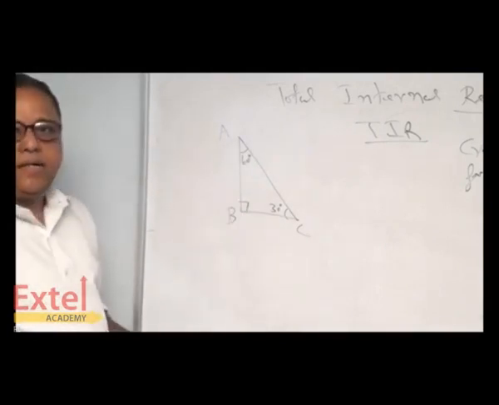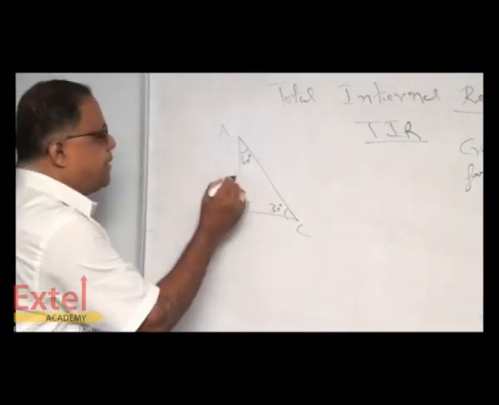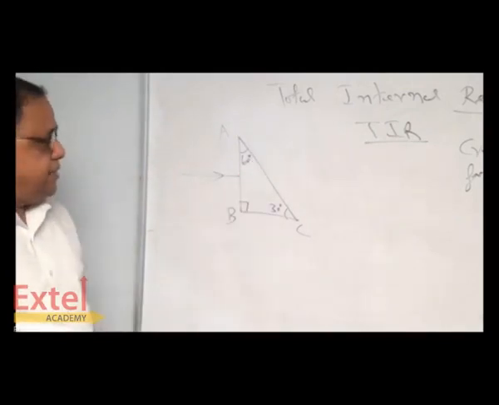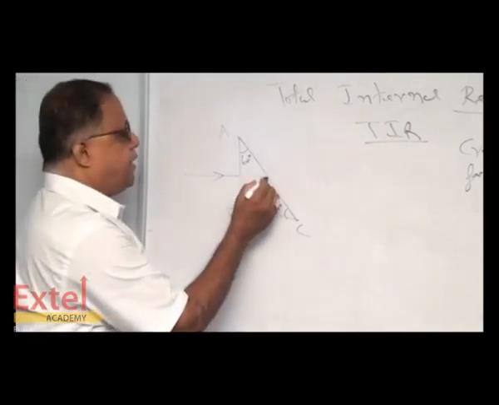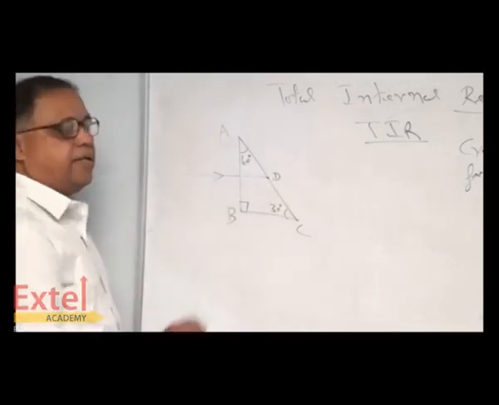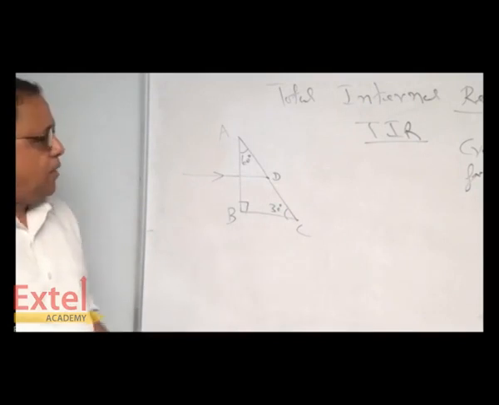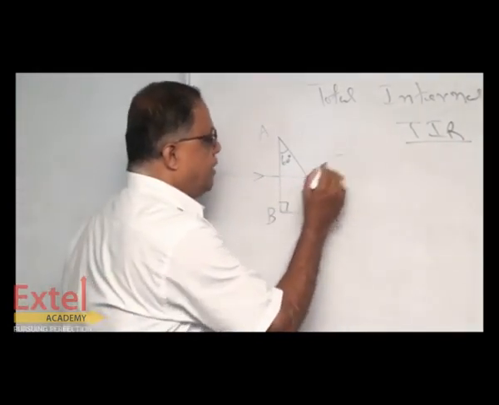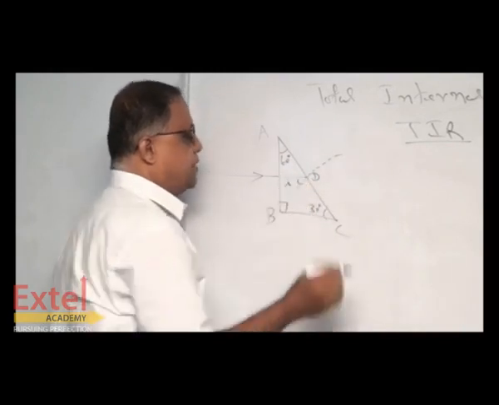When the same ray goes through the side AB, there is no change until the point D, because I is equal to 0, R is equal to 0. But at the point D, draw a normal and find the angle of incidence.